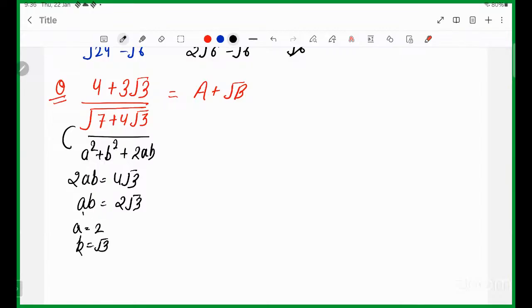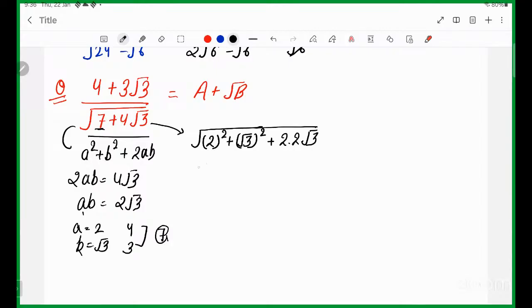If you square a, then it will be 4. And if you square b, then it will be 3. And if you add both the numbers, then it will be 7. Here 7 was there or not? 7 is there. So I can write this in the form of 2 square plus root 3 square plus 2 into 2 into root 3.